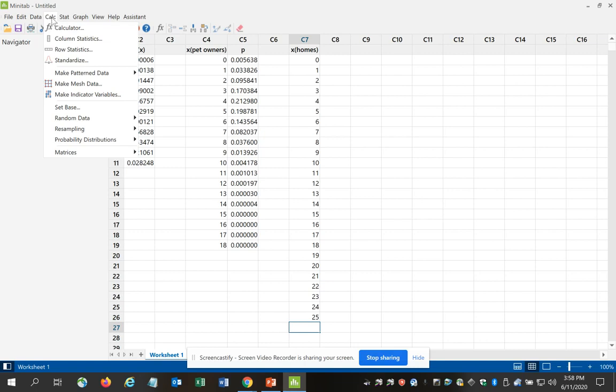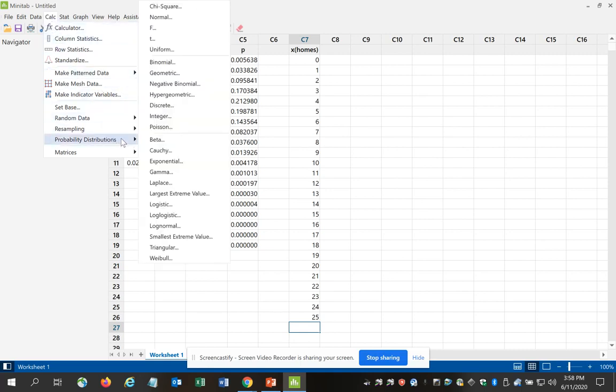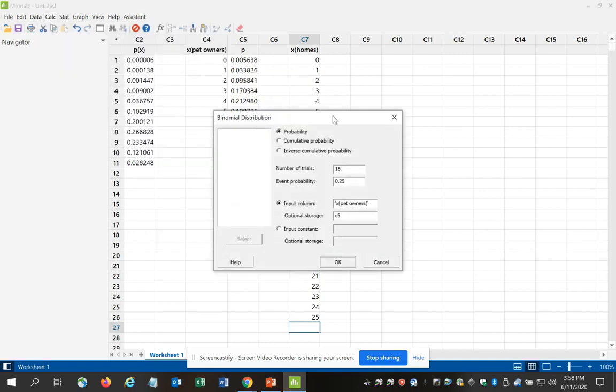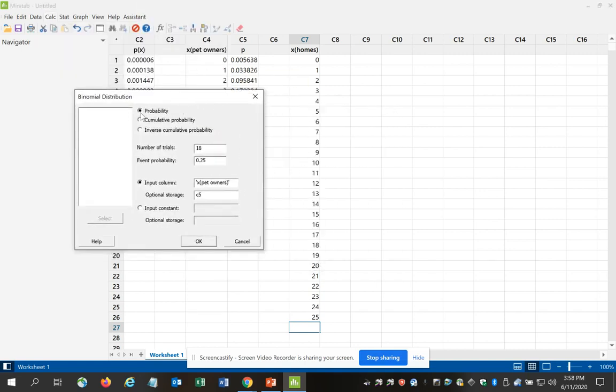So we go over to the menu bar to calc for calculate. We choose probability distributions. We're talking about a binomial. We want to calculate the probability with 25 trials. We said 85% have access.